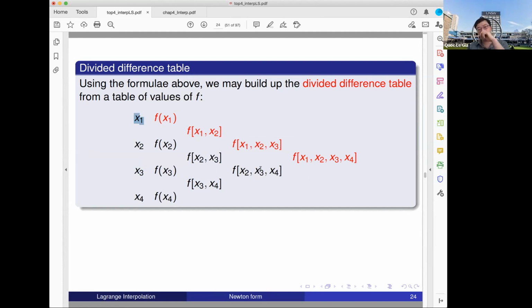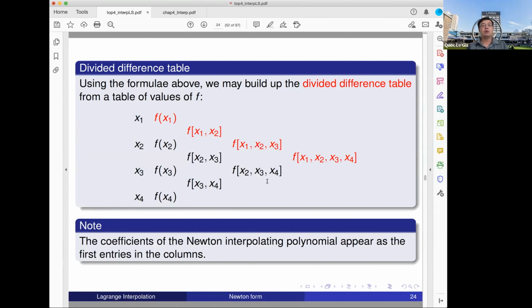And actually, I have implemented a MATLAB program to compute this divided difference table. And the red coefficients will form the Newton interpolation polynomial. So remember the formula for Newton polynomials.